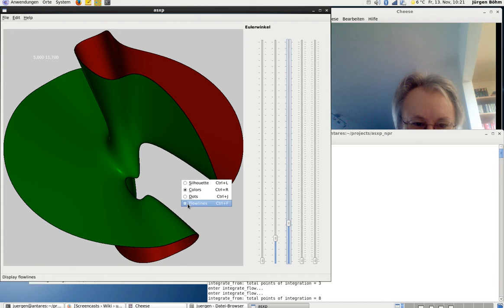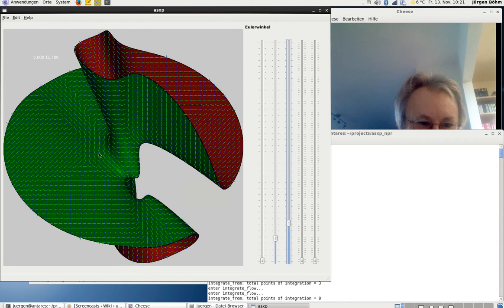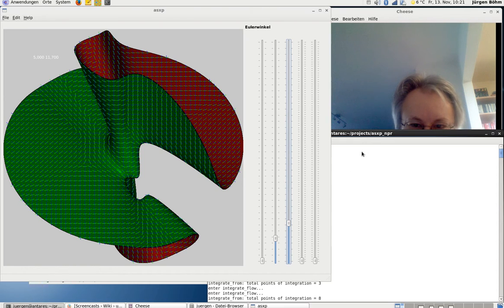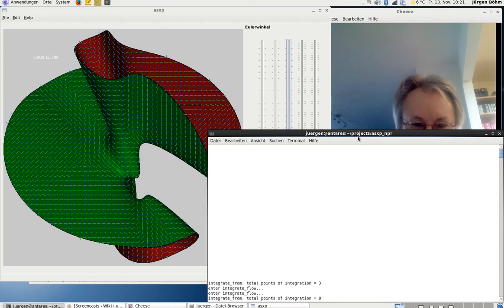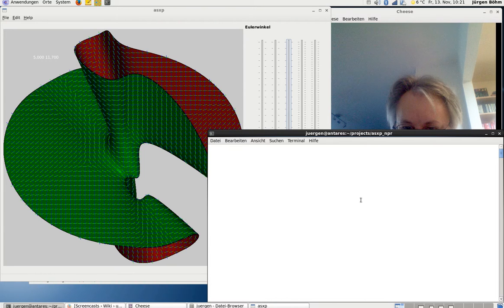Now I can display flow lines even superimposed here on the color display. Now I do this. Now here the calculation goes on and on and on. Where is it?